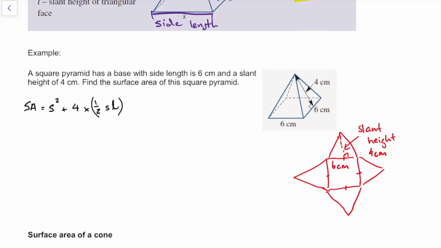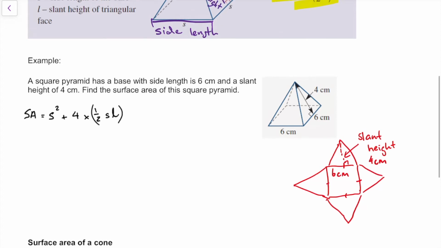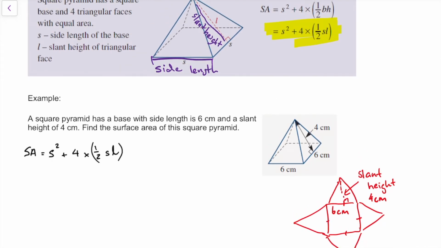You can see that it matches the one that I have highlighted up the top. The reason there are 4 lots of the half SL, SL being the slant height, is that it matches up with base times height, the area of a single triangle, and we have 4 of those, which is why it's times 4.